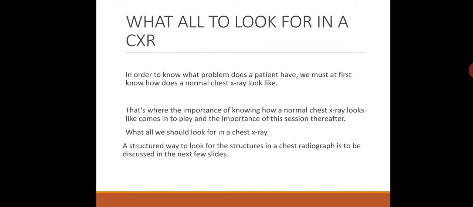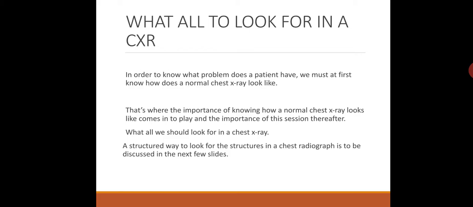So what all do we have to look for in a chest X-ray? To know what is abnormal in a given image, we should know what is normal first. So that's the relevance of knowing about the normal chest X-ray.